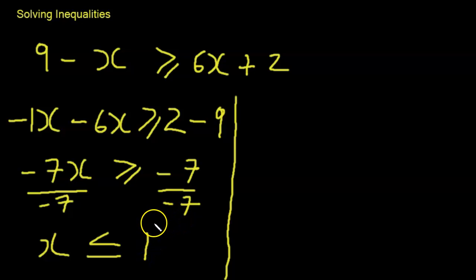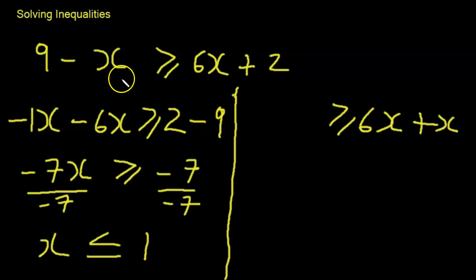Use a full dot coming from 1 going to the left to show that on a number line. Let me do the same problem where I'm grouping the x's on the right hand side. I already have 6x, so I bring forward that. Add x to both sides, so we're grouping with the negative x.